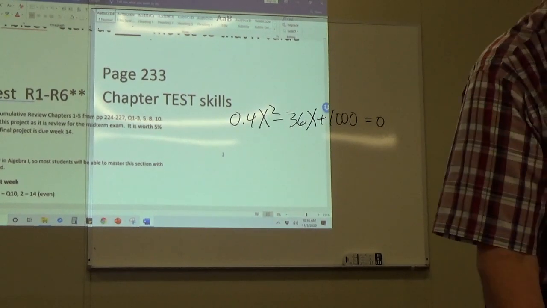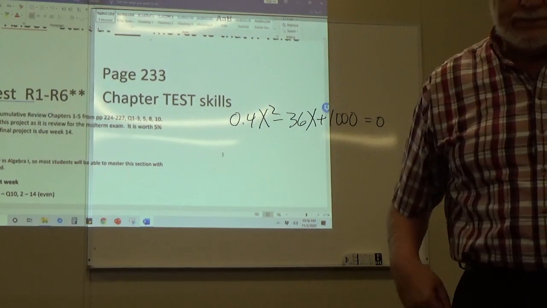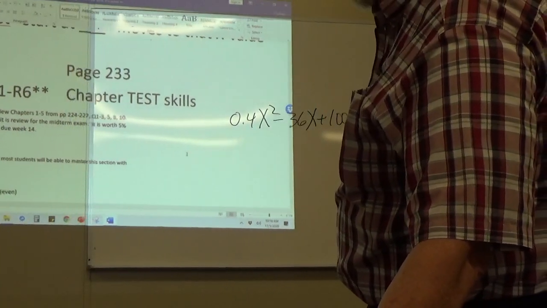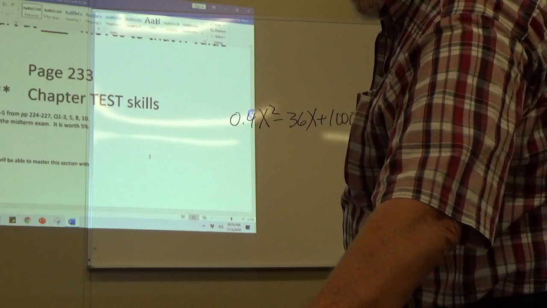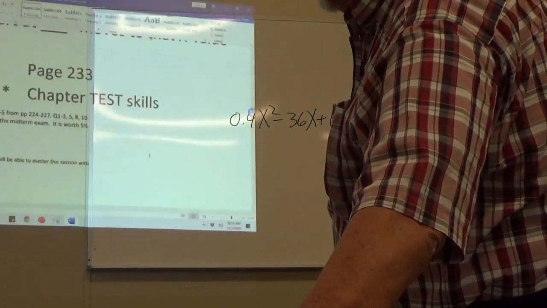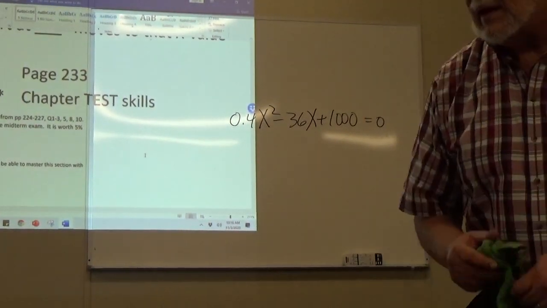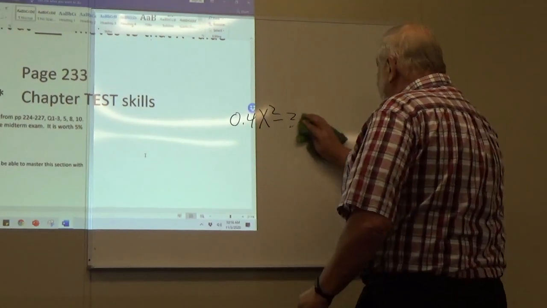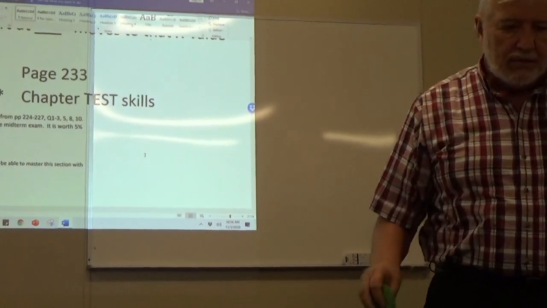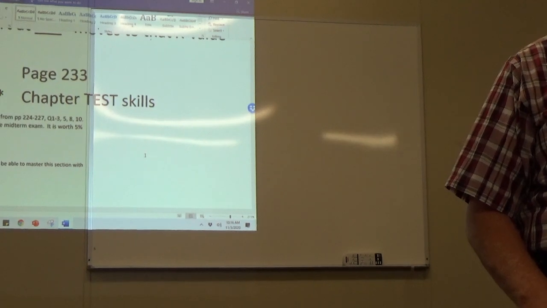All right, page 231, this is the new information I want to spend a little time talking about. Okay, I'm going to move this out of the way. You look at the chapter test, and why am I on a different page here?